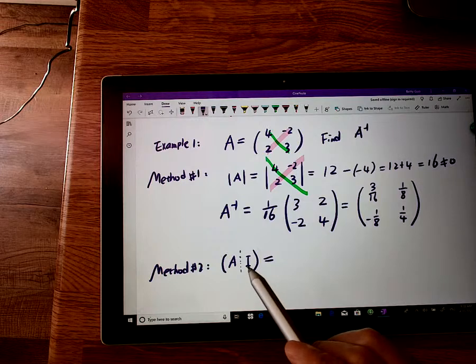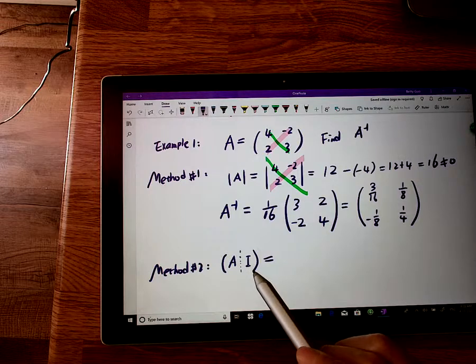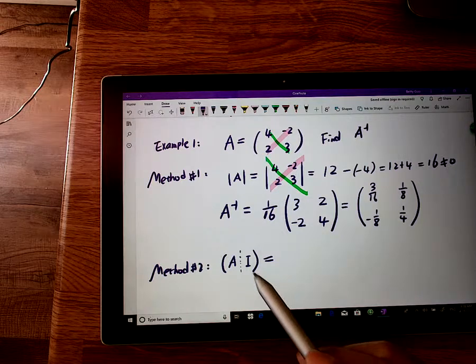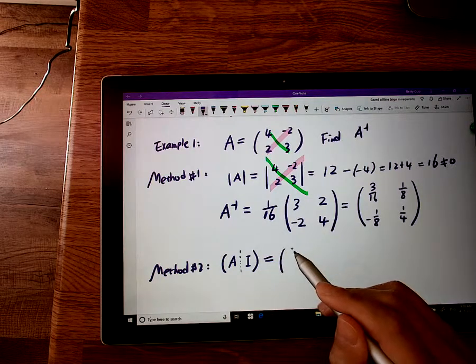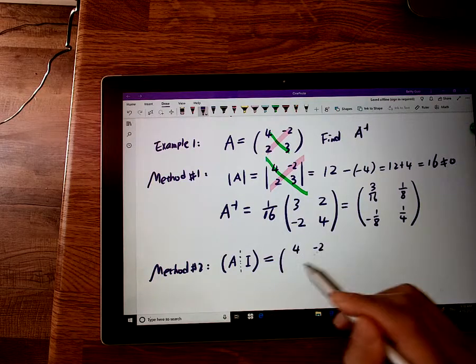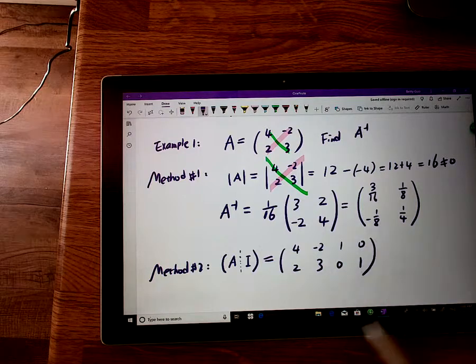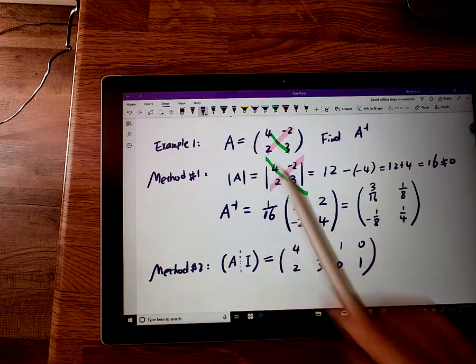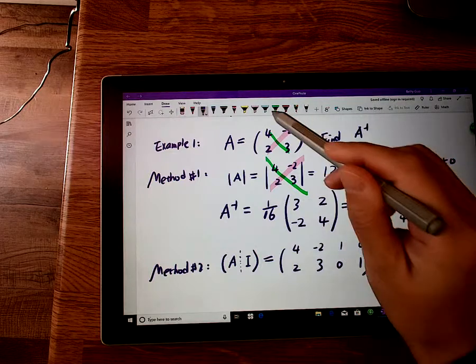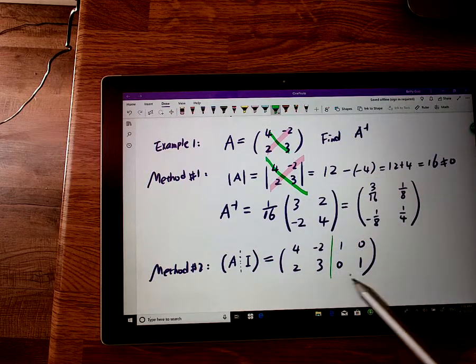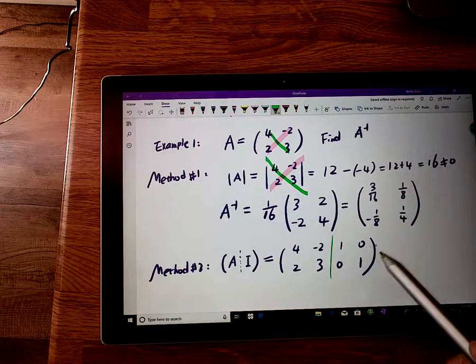I here is the same size identity matrix. So we are creating a 2 by 4 matrix. This is a 2 by 4: 4, -2, 2, 3, 1, 0, 0, 1. So we put a matrix A and the identity matrix together. We make a 2 by 4 matrix.